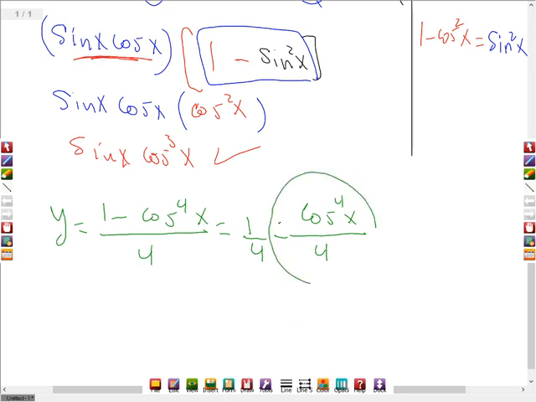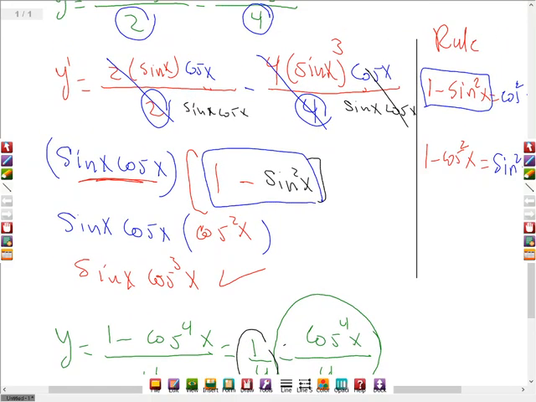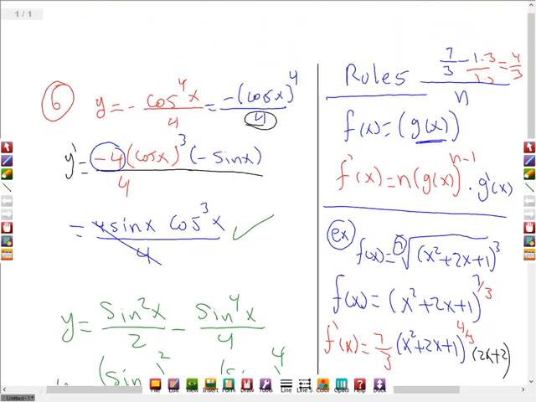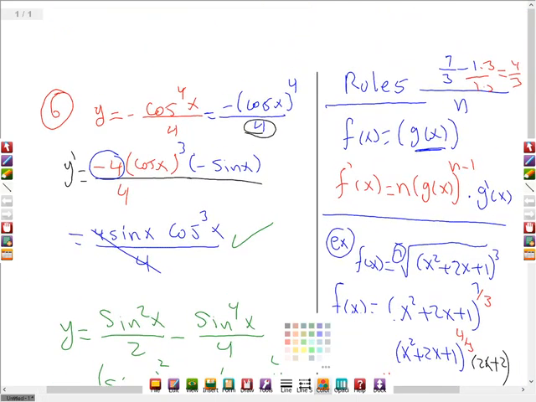You see this here? Then y prime equals, the derivative of this term is what? 0. Minus, what's the derivative of this term? Cosine to the fourth, look here. Look guys, it's the same as which one? Oh, here, right? It's the same as this one here.